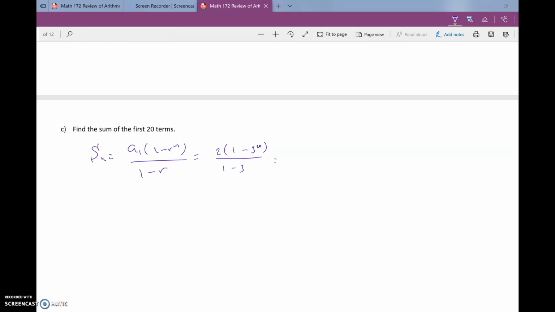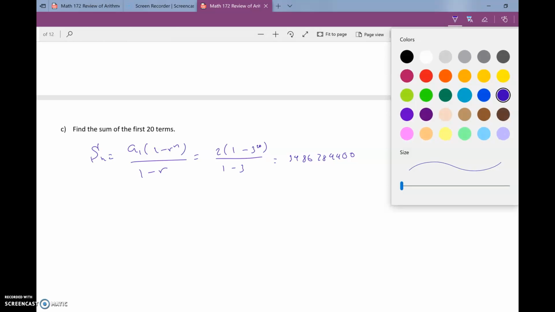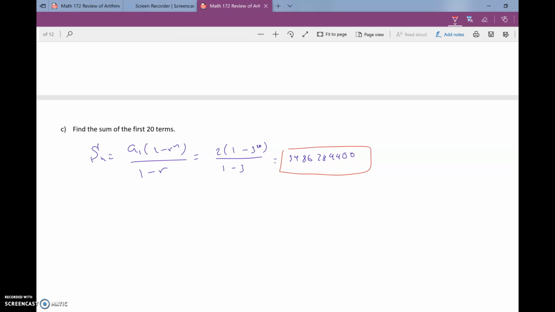Okay, so the sum of this one, I'm getting 3,486,784,400. And let me double check. 2 times 1 minus 3 to the 20th over 1 minus 3, 3,486,784,400.